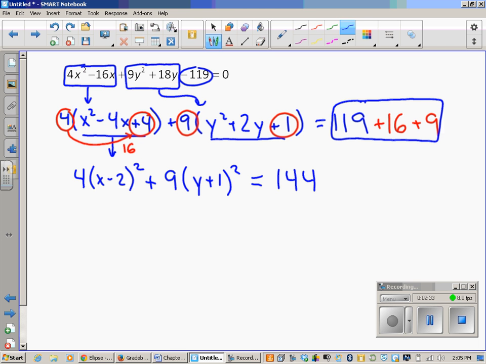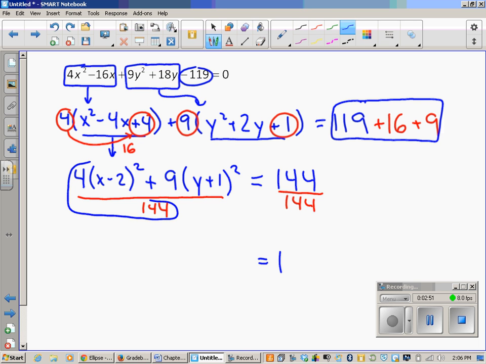Now keep in mind that an equation of an ellipse in its HK form has to equal 1. That can be done here by dividing both sides by 144. So a little division is going to come into play. This looks like it's going to make things worse, but actually some nice things are going to happen.